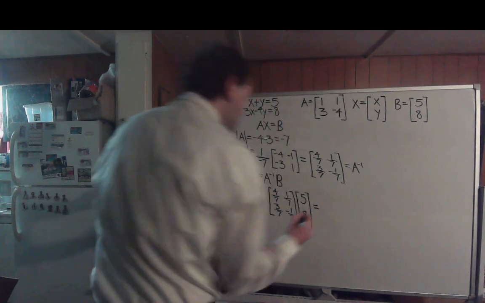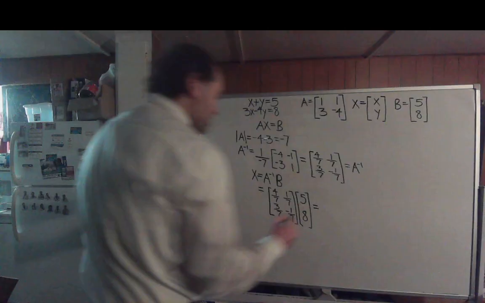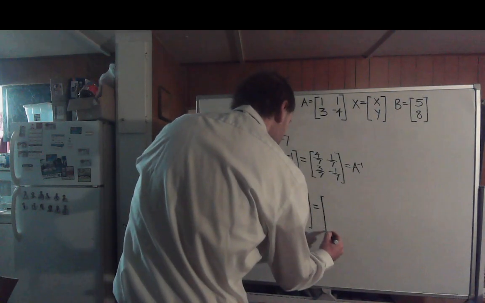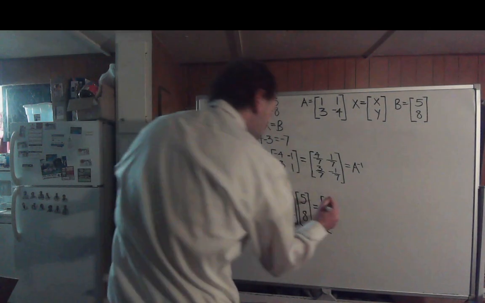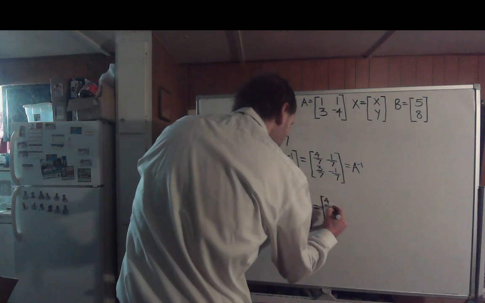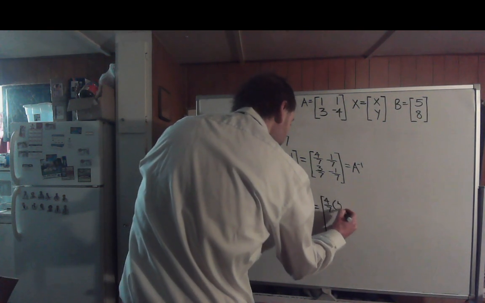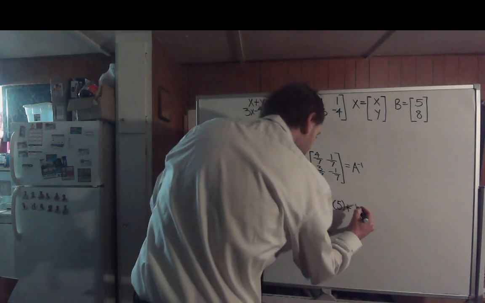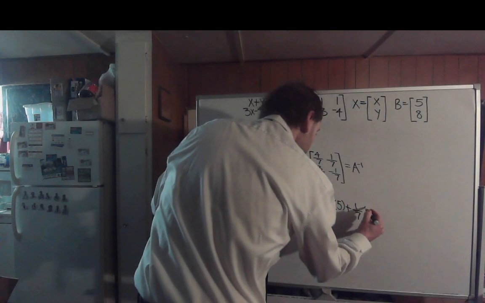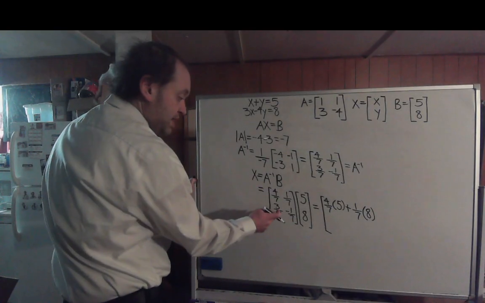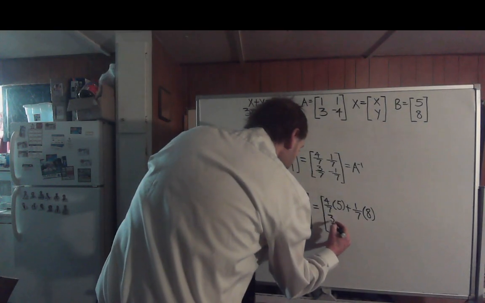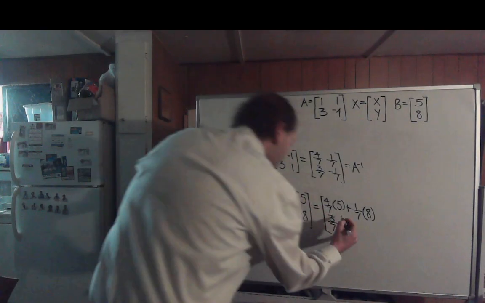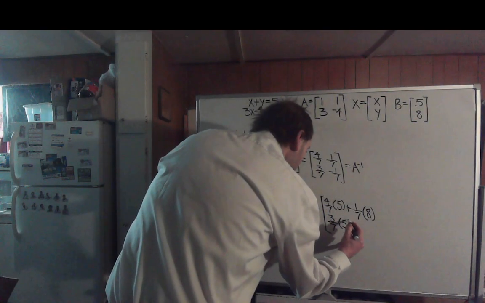So if we do the multiplication, let's see, you'll end up getting 4/7 times 5 plus 1/7 times 8. And then for your second row, you'll get 3/7 times 5 minus 1/7 times 8.